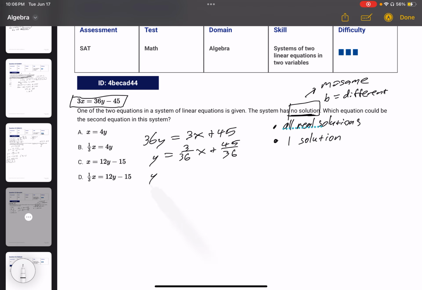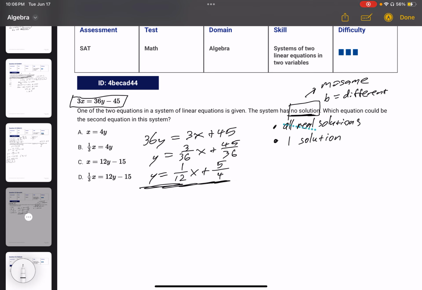So we have y is equal to 1 over 12x. And then what can we divide this by? We can divide it by 9, so that's 5 over 4. And this is our equation for the equation we're given.